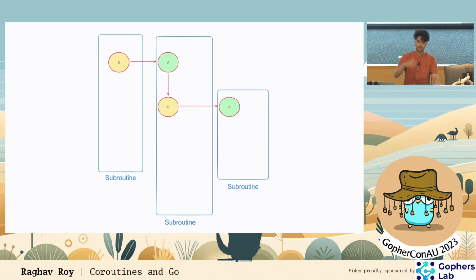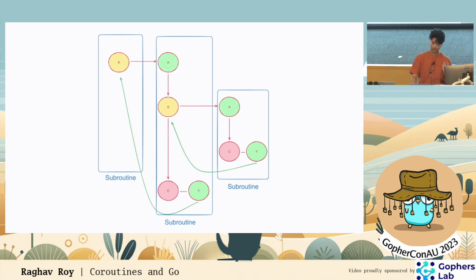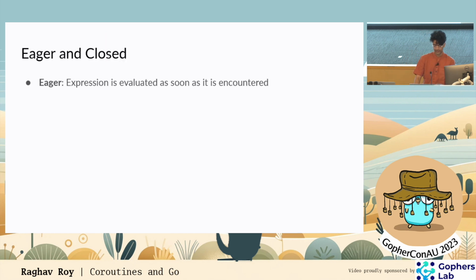So the first one suspends itself, starts another subroutine, which can then suspend itself, start another subroutine. And the only way that this can yield back control to its caller is by terminating. So it terminates, yields back control to the caller, which then can terminate and yield back control to its caller. So this is how a regular function call would work, right?